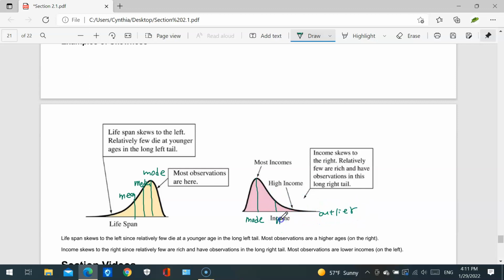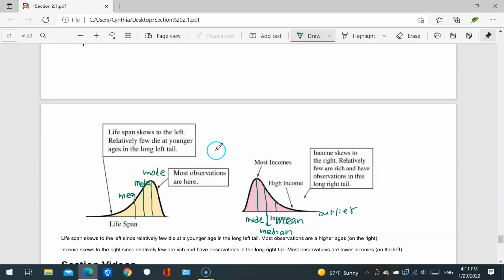So here is your mean, which is the average. The middle would be your median. We will discuss more detail about skew left, skew right, and we are going to talk about mode, median, and the mean in 2.3.